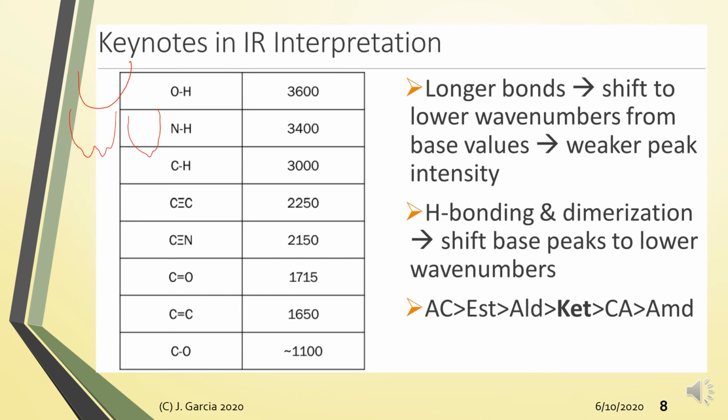Ayan. But if you have a tertiary amine, you won't have any broad peak at 3400, because this corresponds to the nitrogen-hydrogen bond. So kung wala yung hydrogen, you don't expect peaks coming at this wave number.